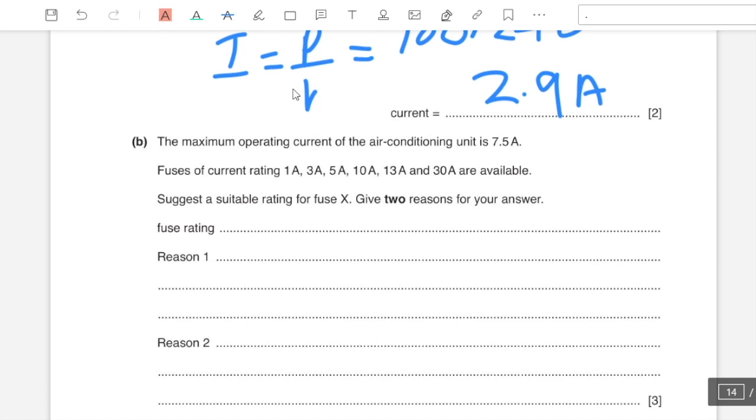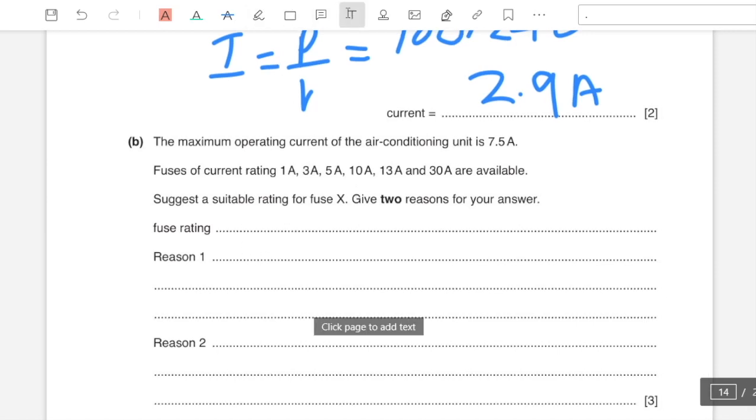So we need to have a higher value, and I'm going to be going with a 13 ampere fuse.